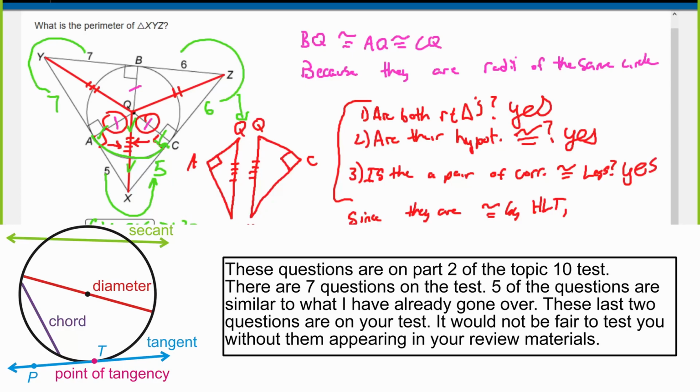The way I like to think about it is simply this, though: 2 times 5 plus 2 times 6 plus 2 times 7. You're going to get the same answer. I just didn't want to show it the way that I prefer, because you guys have learned forever that the perimeter is just adding up all the sides. It's doing the same thing, but that would be your answer for this one.